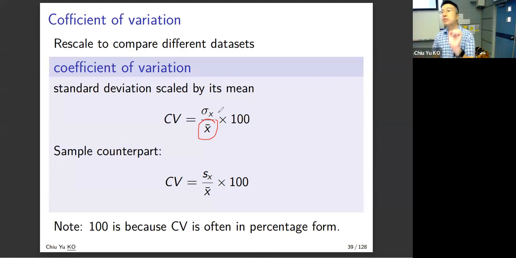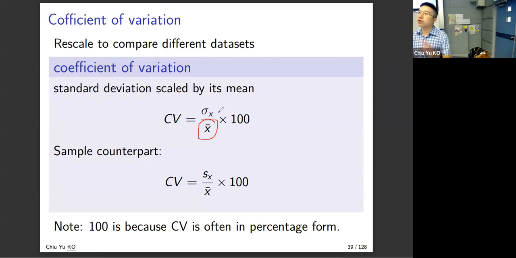Let me repeat the statement. If you want to compare variance across different data sets, which likely have different means depending on what you're measuring, you try to rescale your variance by dividing by the mean so that you can compare. Suppose I want to compare whether students are more spread out in the midterm or the final exam. We know the final carries more weightage than the midterm.